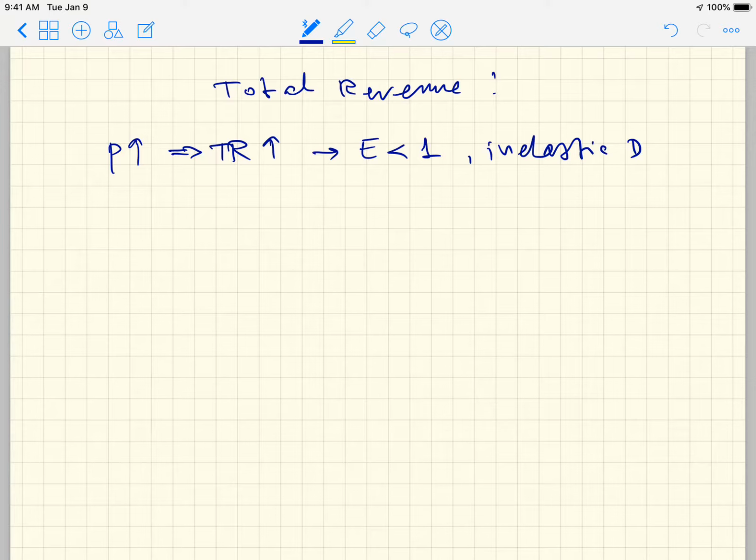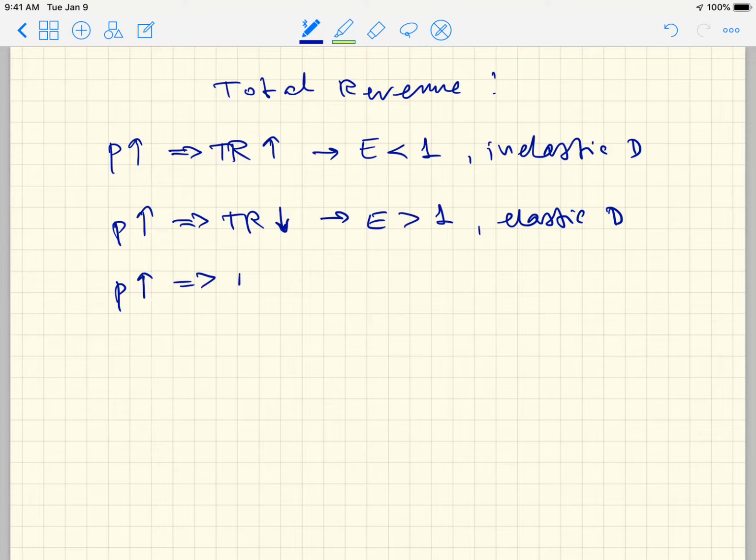If you notice that as price goes up, total revenue goes down, then you can conclude that we're dealing with elastic demand. And if it happens that as price goes up or down, total revenue doesn't change, we can conclude that we are at the point where elasticity is 1, so demand is unit elastic. All right, as simple as that.